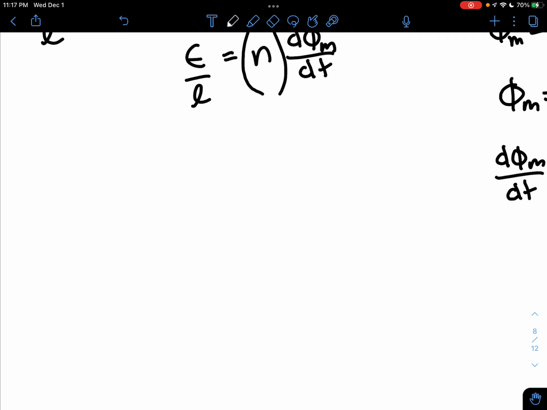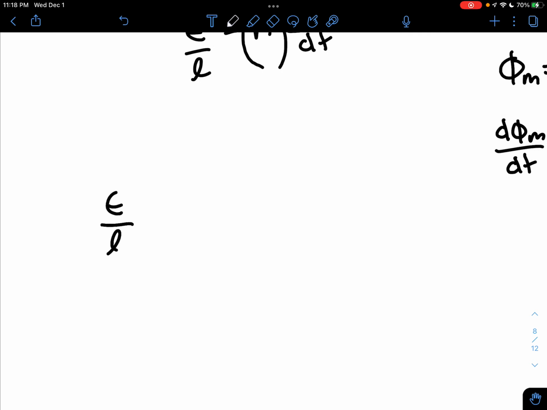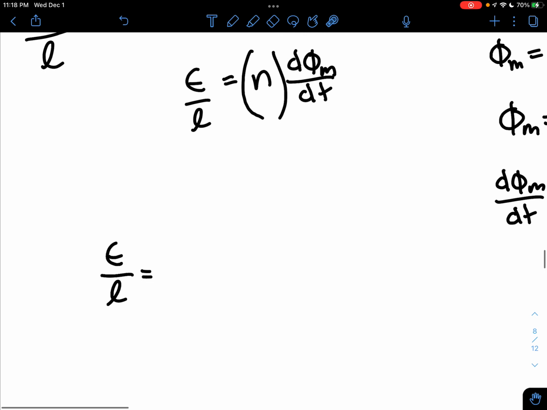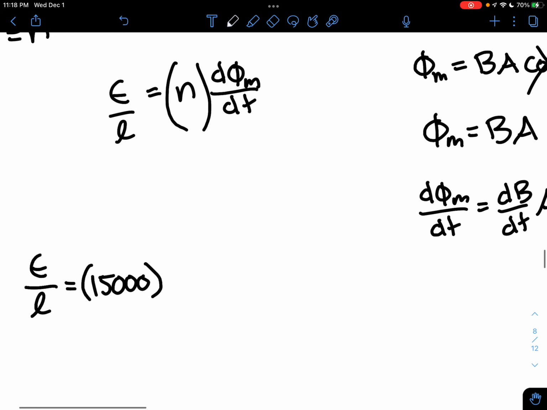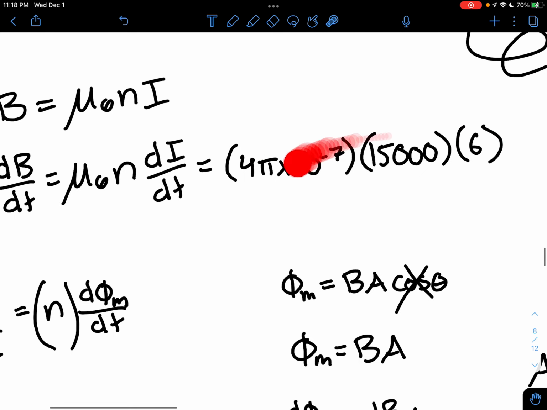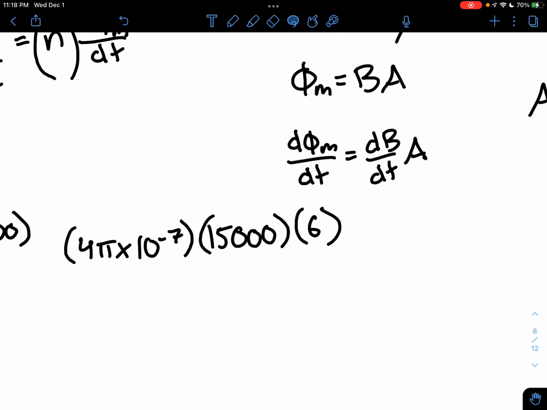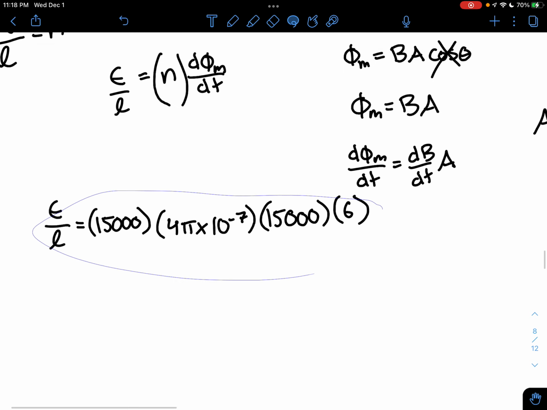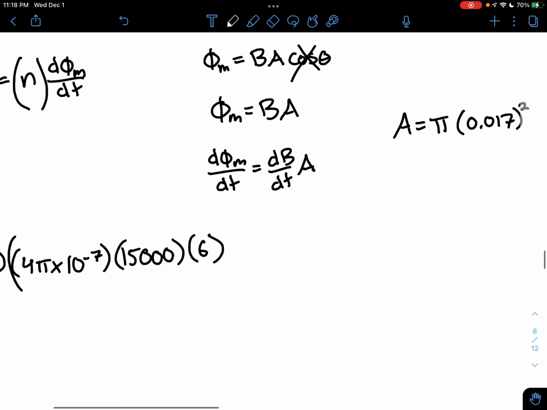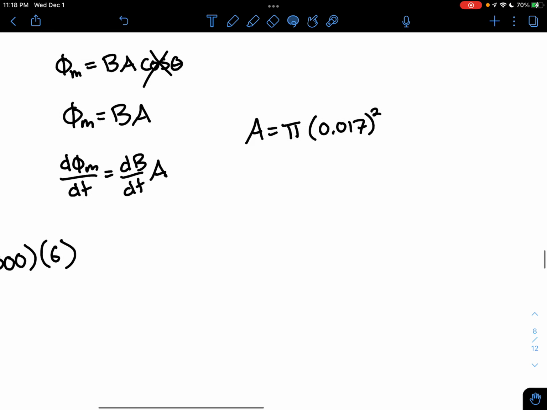So our EMF per unit length is going to be our n, which we have up here, 15,000, times what we just put together for our d flux dt. That's our dB dt, which we pull from up here, times our area, which we just did over here.